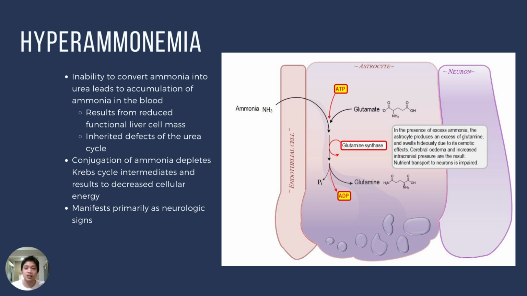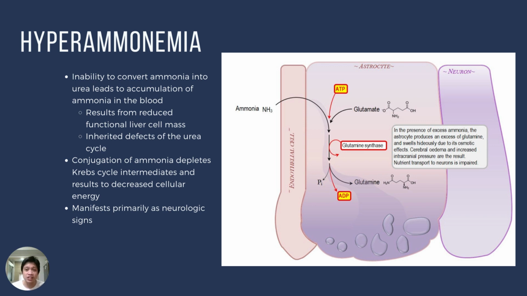So in a normal setting, urea is eliminated and ammonia does not accumulate. But accumulation of ammonia can occur in abnormal states if you have disease, such as reduced functional liver cell mass. So, for example, if you have hepatitis, where there is inflammation of the liver, those liver cells will not be able to catalyze the formation of urea.